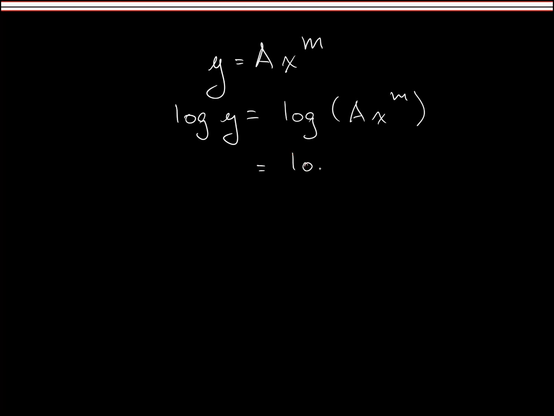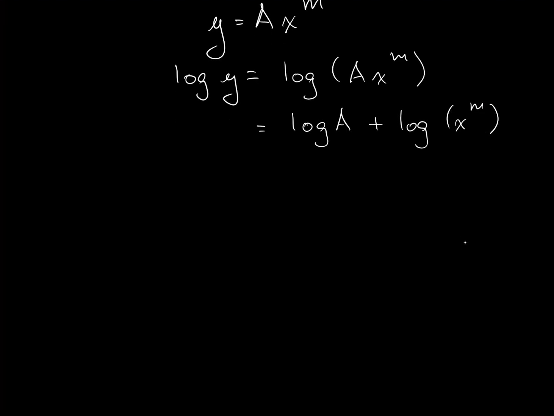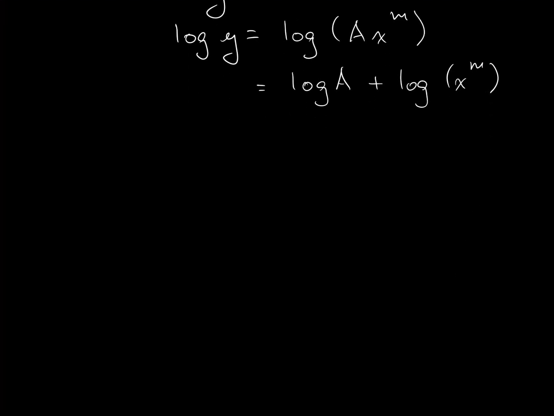So this is log a plus log x to the m. And again, I hope you remember with logarithms, if you don't, it's all right, because you don't have to do this as much as be able to do just the end result, because the logarithm is the exponent.